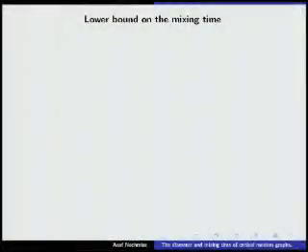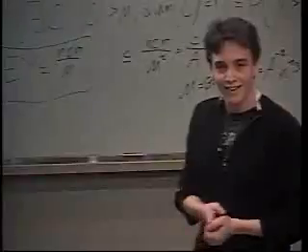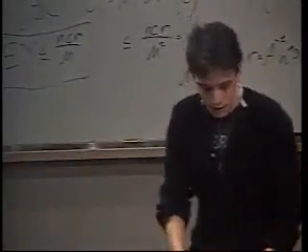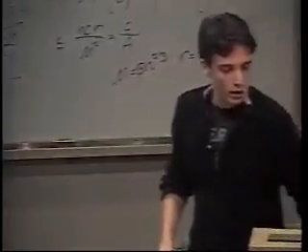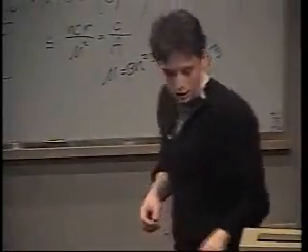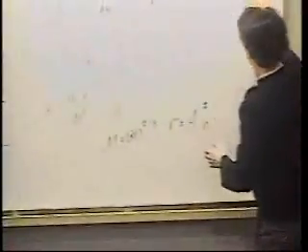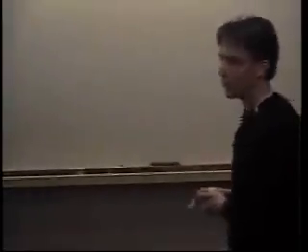Okay. Now let's talk about the lower bound on the mixing time. The lower bound is also of order n, and I will sketch a proof. This is a little bit more complicated, so let me explain where the proof comes from. You need to know something about the structure of this critical random graph.